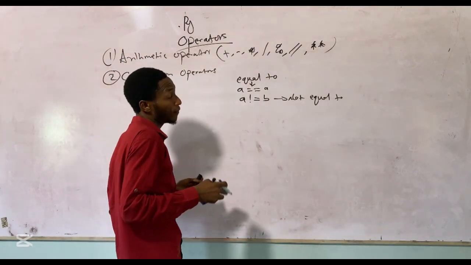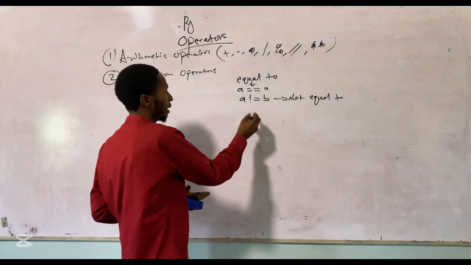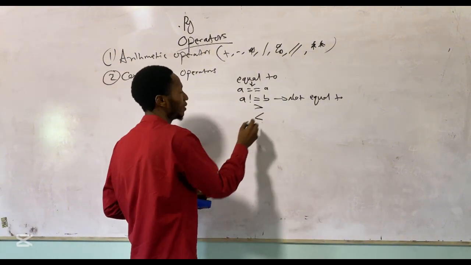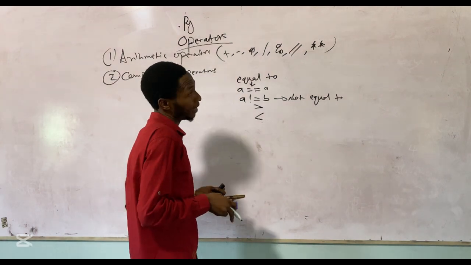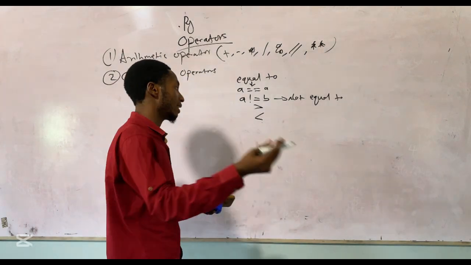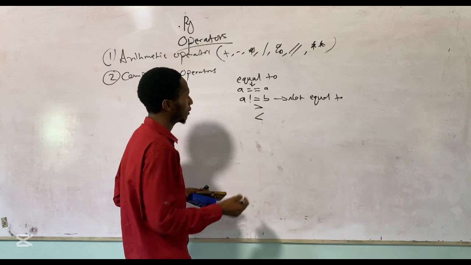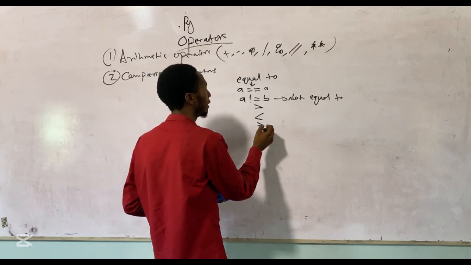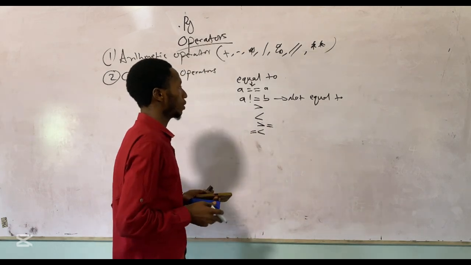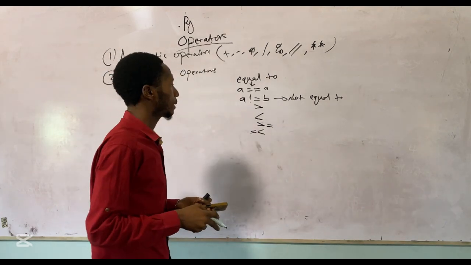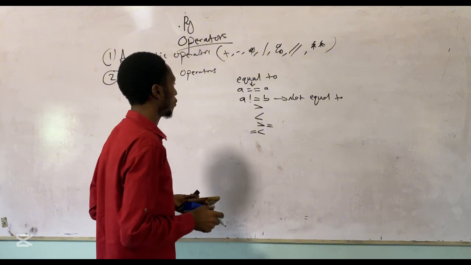Then we have greater than. You all know this sign for greater than. Then we all know this sign for less than also. Then we have greater than or equal to and less than or equal to. How can you express that? We'll express it like this: greater than or equal to, less than or equal to. So this is how you will express comparison operators.